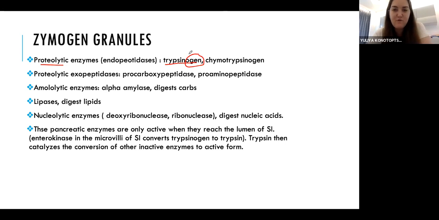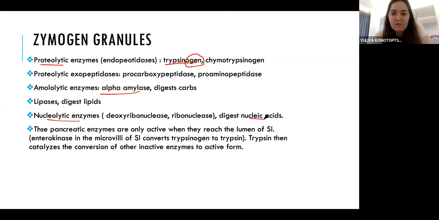The active form of trypsinogen will be trypsin, right? Then proteolytic exopeptidases, which are very similar, breaking up your amino acids into even simpler forms. Then your sugar digestion: alpha amylase, lipase, and nucleolytic enzymes, which digest the nucleic acids.